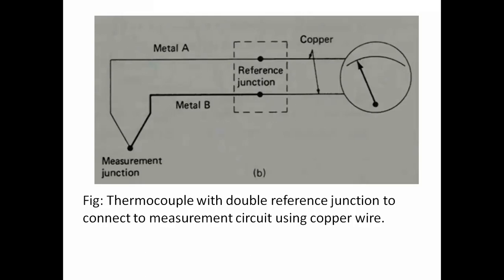That's why there is a null effect: the generated voltage is 0, because the same temperature is maintained at this reference junction. So the output is not the error. The output is the temperature difference between the measuring junction and the reference junction.